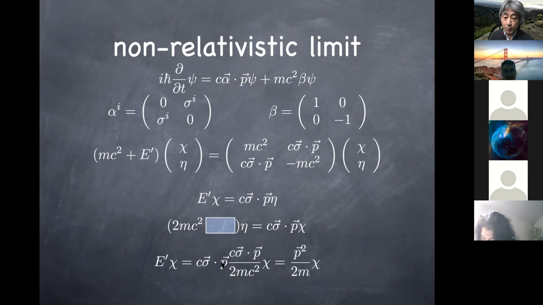And as you know from quantum mechanics, sigma dot p squared turns out to be p squared because the sigmas anti-commute. And c squared cancels c squared in the denominator. Then you find the usual expression of p squared over 2m. So this indeed does have the correct non-relativistic limit. And Dirac, of course, being a genius, did this cross-check of reproducing the correct non-relativistic limit right away.